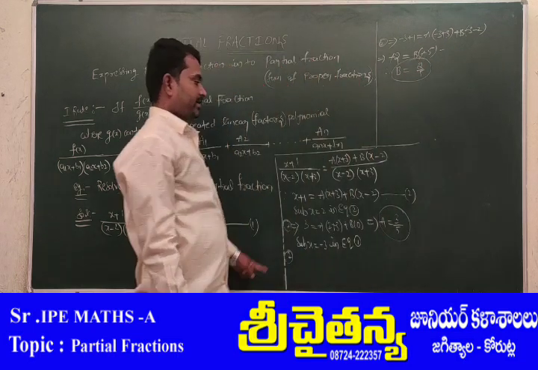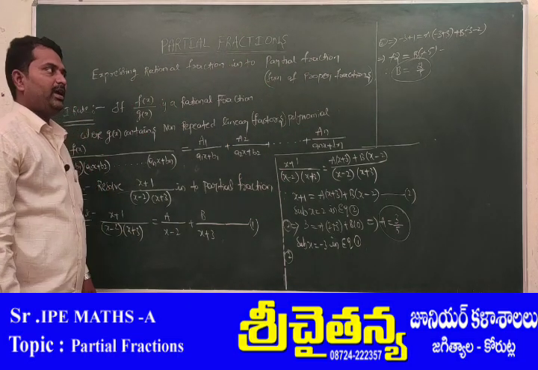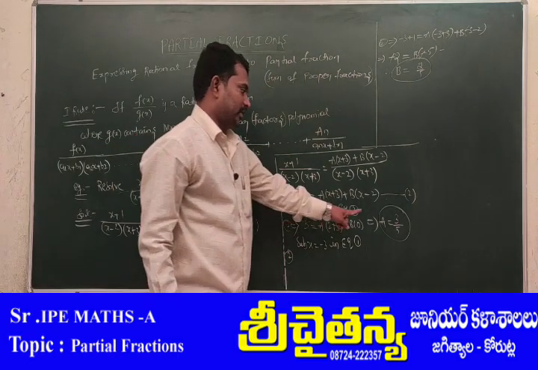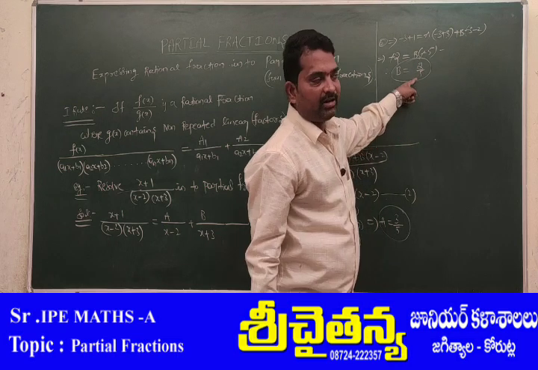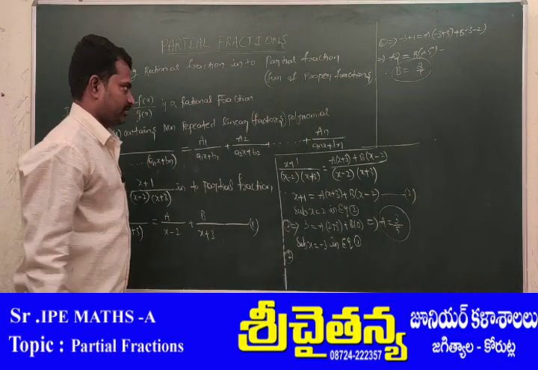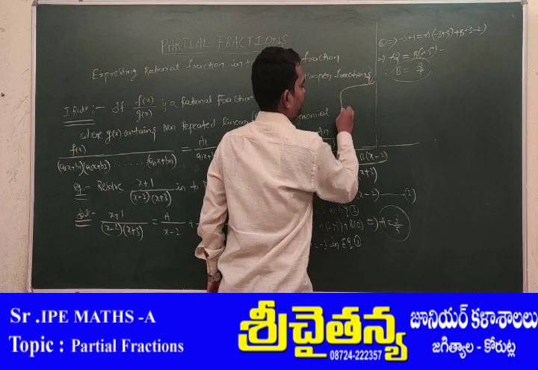What is the value of A? 3 by 5. What is the value of B? 2 by 5. These two values, A equals 3 by 5 and B equals 2 by 5, just substitute in equation number 1. So that is the solution of the question.